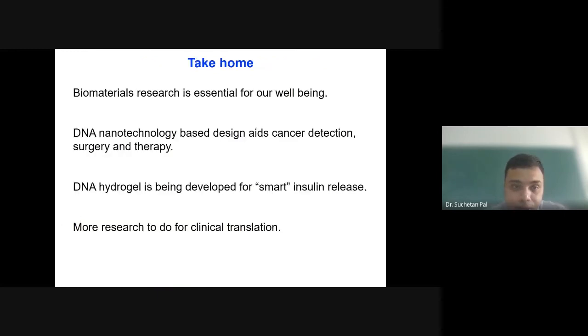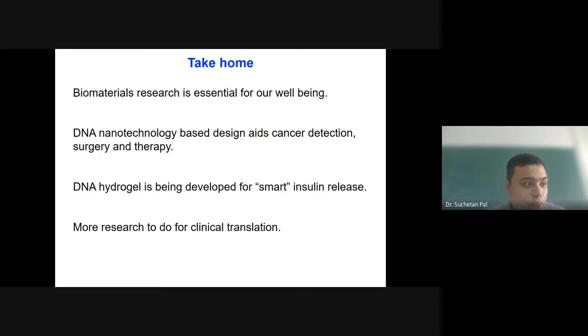Okay, so I think I'll stop here. I think I have conveyed to you the importance of biomaterials research. If you want to improve your lifestyle, if you want to improve your lifespan, you have to invest in biomaterials research. And as a researcher, I can say in India, very little research is going on compared to the Western world.